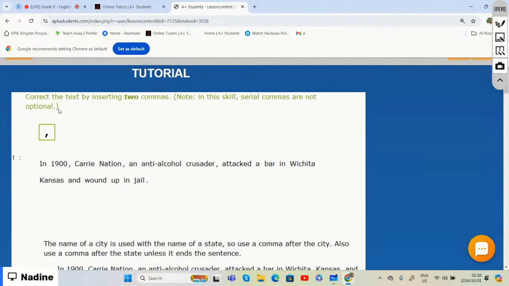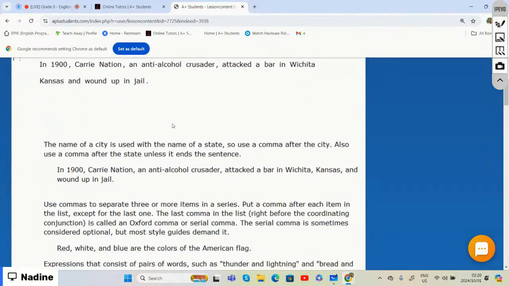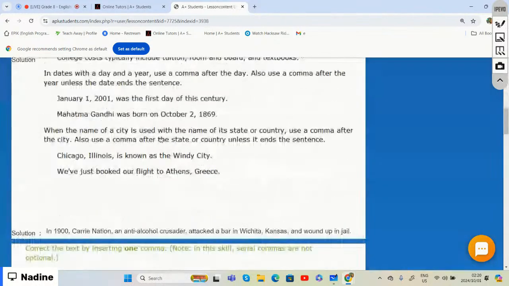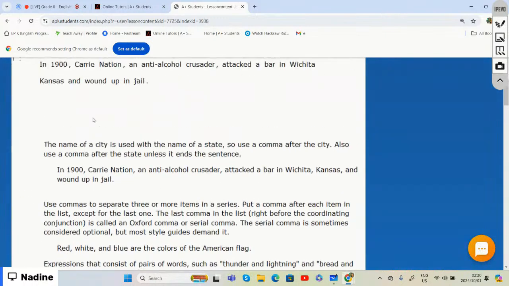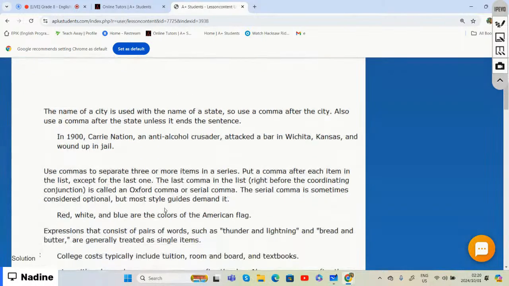We're now going to correct the text by inserting two commas, right? And here they say you need to note that in this skill, series commas are not optional. So we need to add our commas. I think the commas are already added, because here it says in 1900, comma, Carrie Nation, comma, an anti-alcohol crusader attacked a bar in Wichita, Kansas, and wound up in jail.